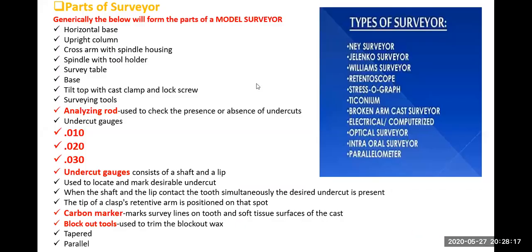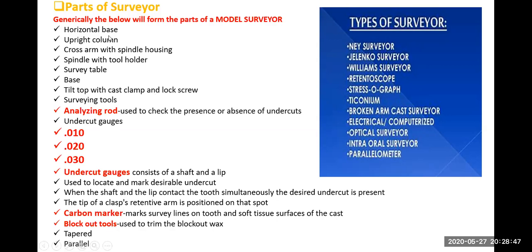Now, the real object that makes you able to do a survey is called a surveyor. So like we said before, a surveyor is an object, and you will soon see how it looks, that is used to define undercut or non-undercut area. Let me put it that way. But let's just look at the parts of a surveyor.